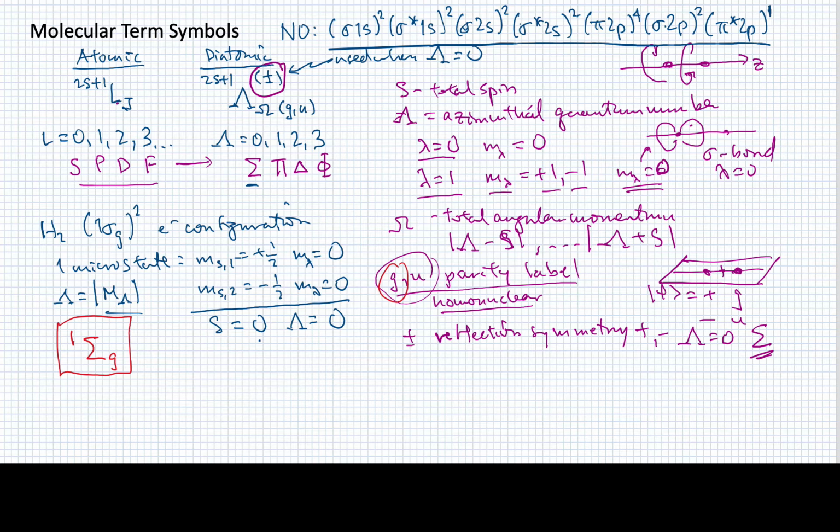Now, I'll point out that whenever we have filled subshells, which we do with these, we're always going to end up with S equals 0 from all of those filled subshells, and we'll have as many negative m sub lambdas as positive m sub lambdas, so lambda will be equal to 0 too.